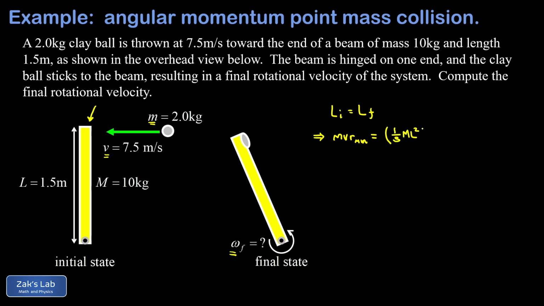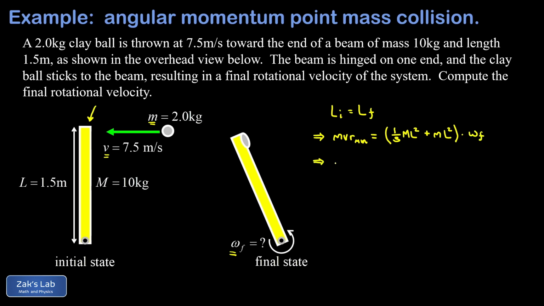And I'll post a link to the video where that was derived. And then this is added to the moment of inertia of the point mass that's stuck to the very end of the beam. And we used a little m for that mass, and it has the same distance from the rotation axis as the length of the beam itself. So that's going to be a little m L squared. Okay, so there's the total moment of inertia of the combined objects, and then we multiply that by this unknown final angular velocity, and that's what we're trying to solve for.